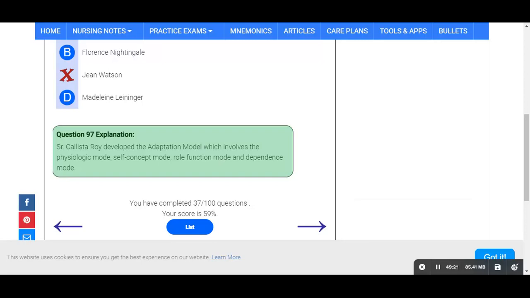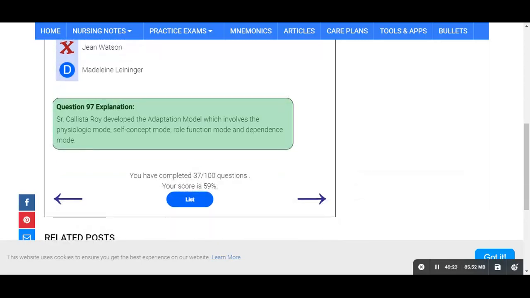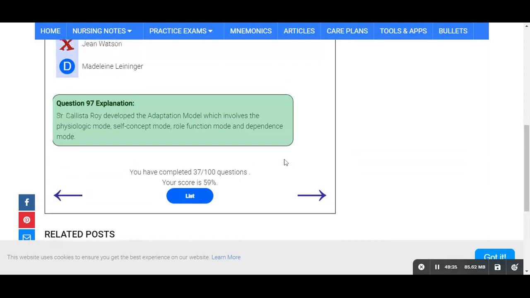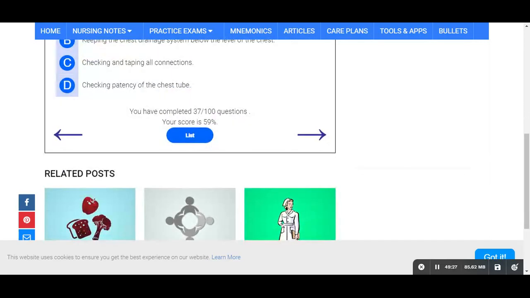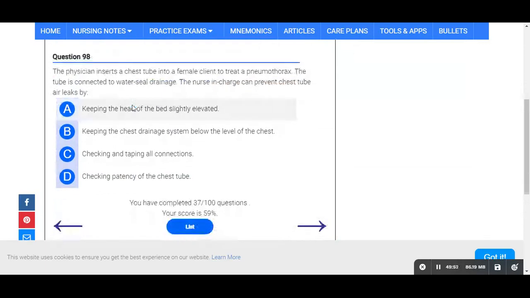She developed the adaptation model, which involves the physiologic mode, self-concept, role function, and dependence mode. Jean Watson's theory is about interpersonal caring. Right. Human caring. Next one.